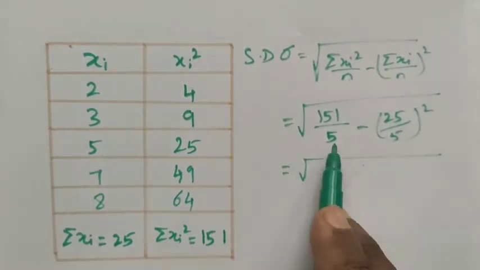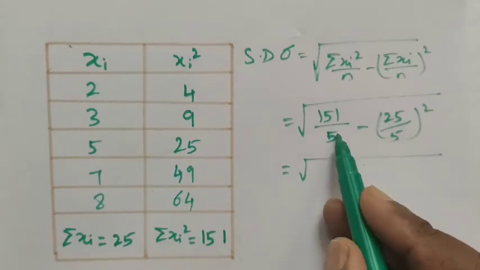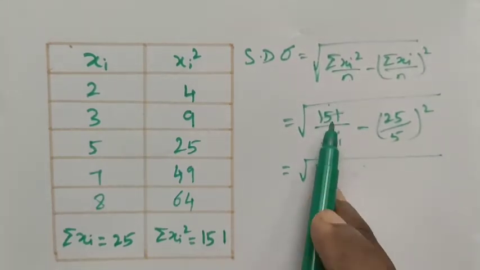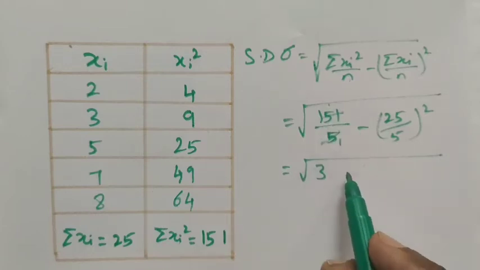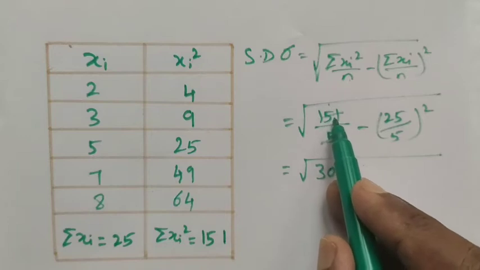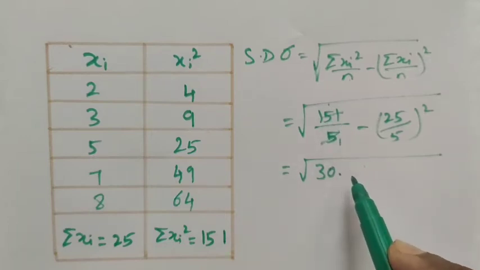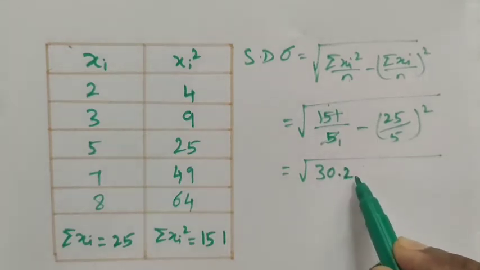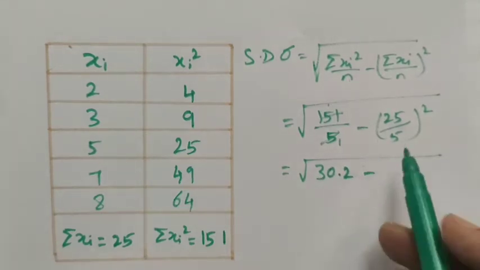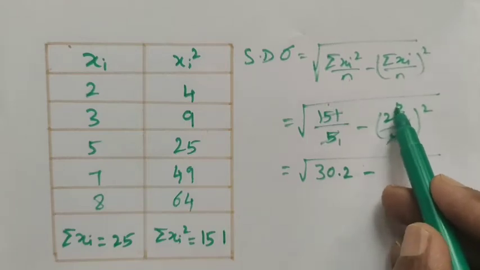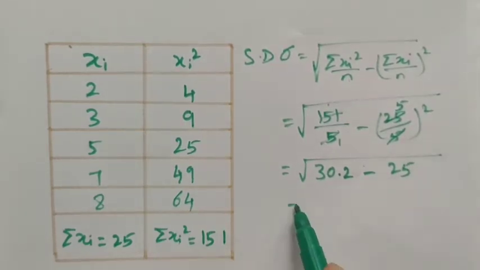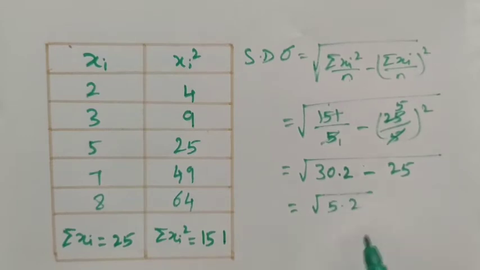If we divide 151 by 5 we get 30.2, minus 5 square, which is 25. When we subtract we get root of 5.2.